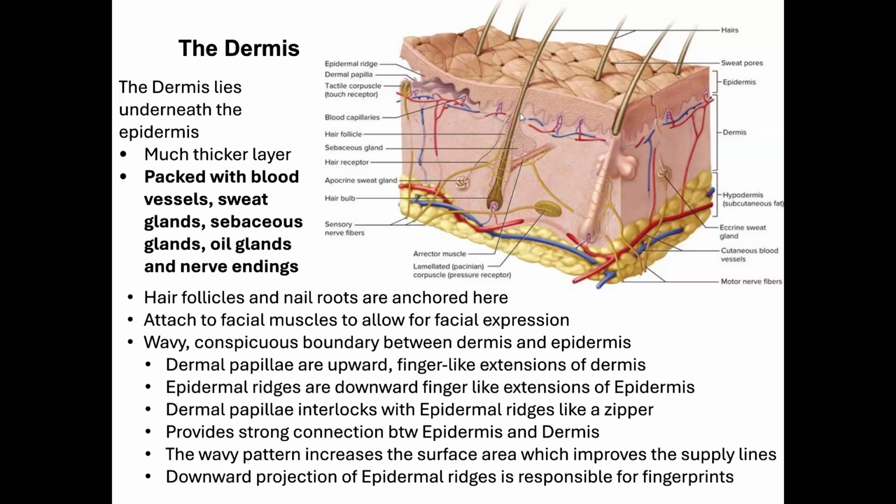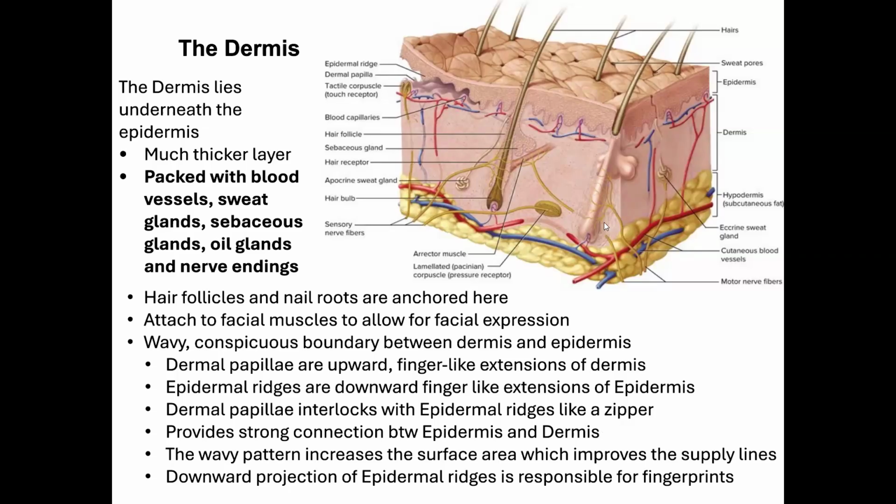And when you say it's a wavy junction, that means there's a projection downwards from the epidermis and a projection upward from the dermis. The projection downward from the epidermis is called an epidermal ridge. And the projection upward from the dermis is called a dermal, what is that called? Papilla, dermal papilla.